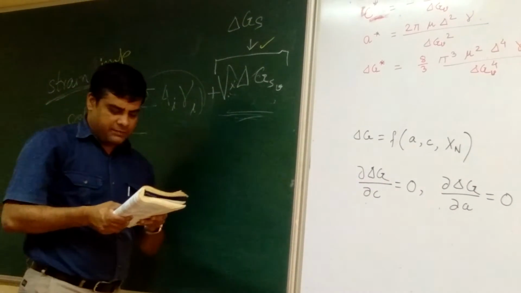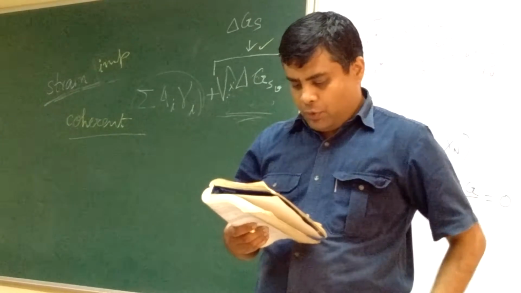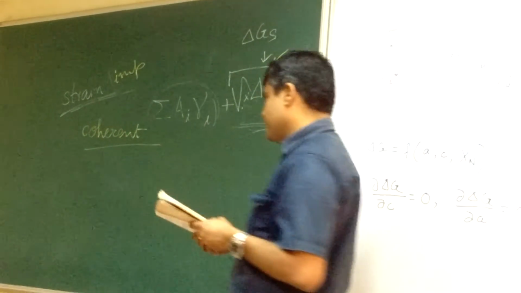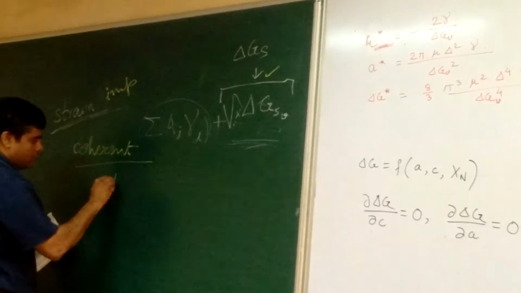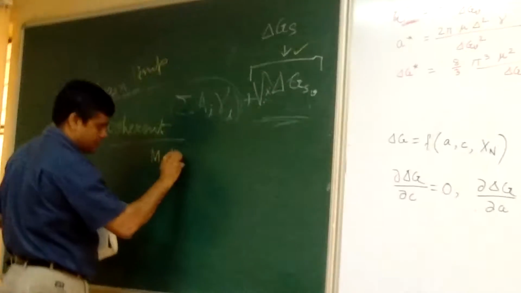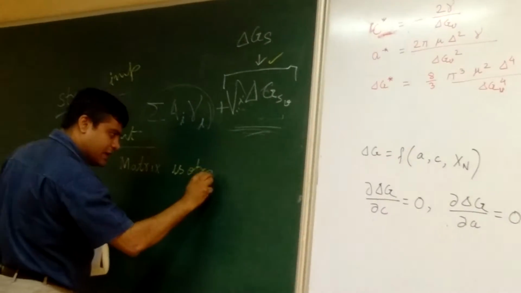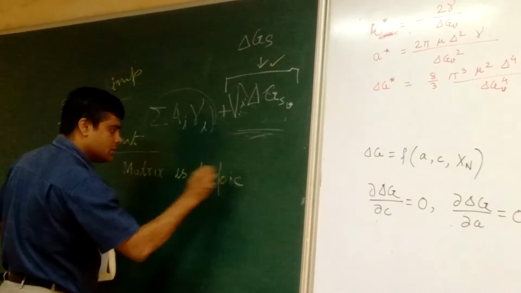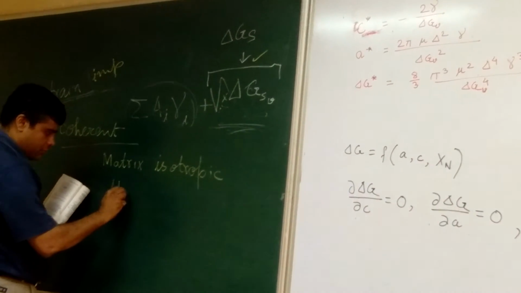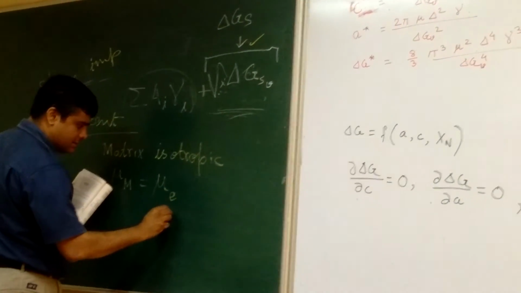If, however, the matrix is elastically isotropic, and both precipitate and matrix have equal elastic moduli. So mu one, the matrix is isotropic, which usually is not the case, and your shear modulus of matrix is equal to the modulus of your embryo or precipitate.